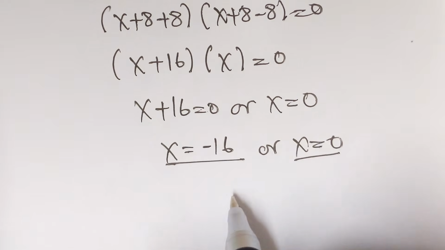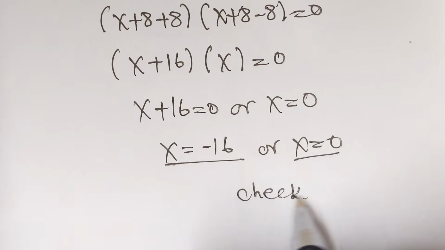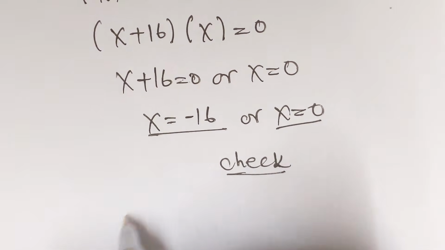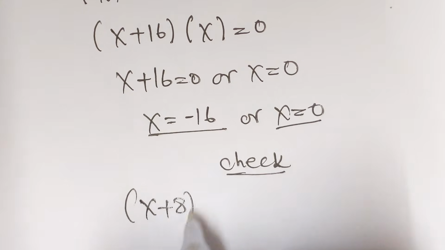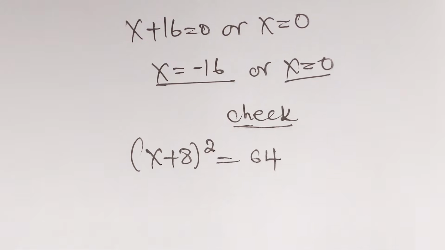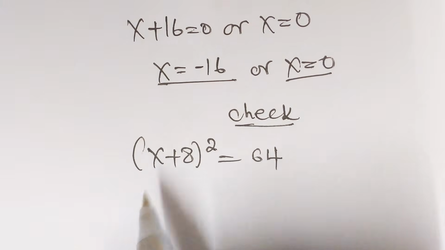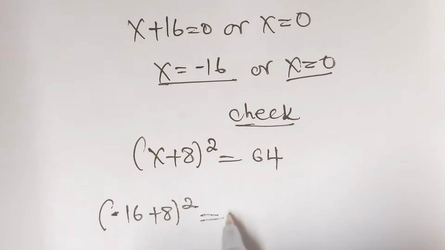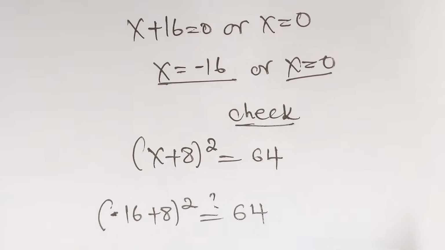And of course we have to check if our answer is correct, because we have been given (x + 8)² = 64. First step, I have to say (−16 + 8)² = 64?